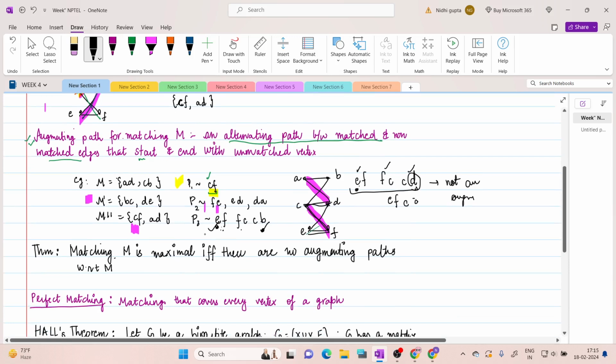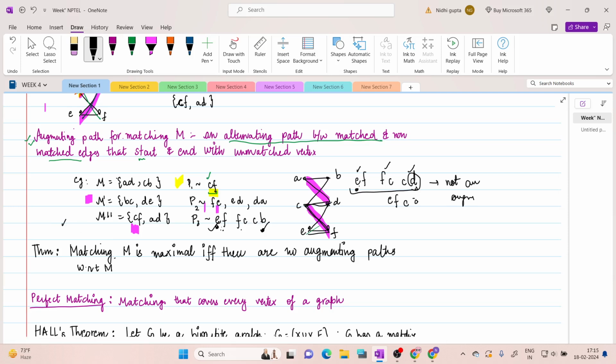Okay, so now the next part is, once we understand matching, what is maximal matching? Maximal matching will be a matching which has the maximum number of edges. And there is this theorem that matching M is maximal if and only if there are no augmenting paths with respect to that matching.